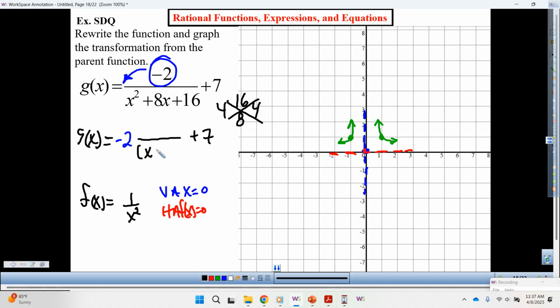So that means we would write x plus 4. But since it's 2 of them, what would I write? x plus 4 what? Squared. That is correct. And what stays on top if I move the negative 2 to the left? I put a 1. Now we know what to move and where to move parts. Is that correct? So tell your neighbor where we're going to move all this according to our new g of x.